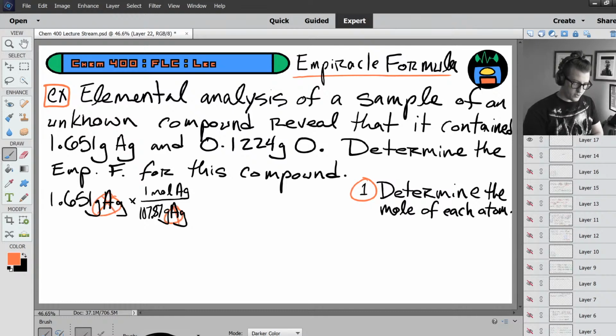So grams of silver cancels. So we take 1.651 divided by 107.87. This comes out to be 0.01531 moles of silver.